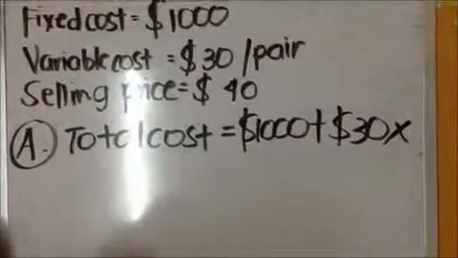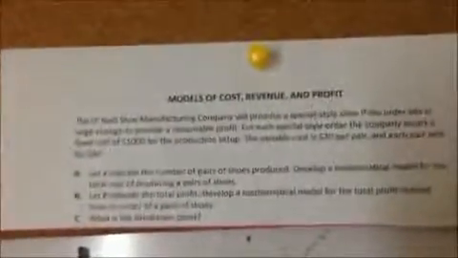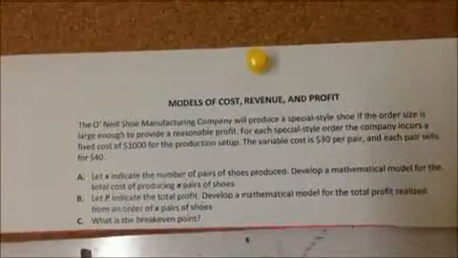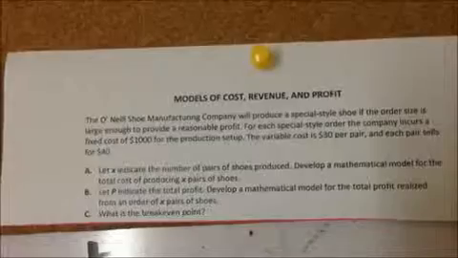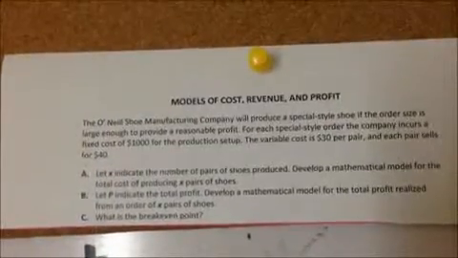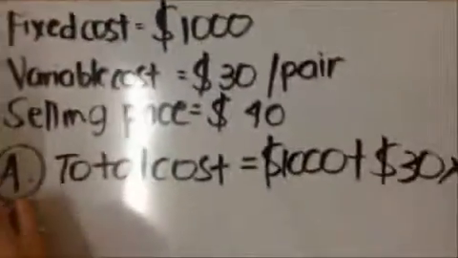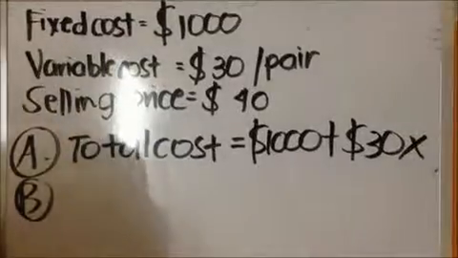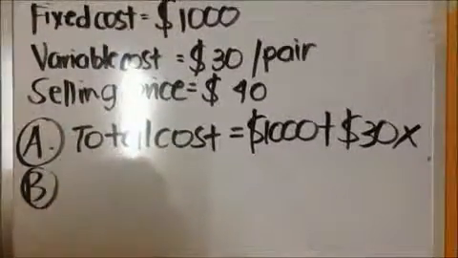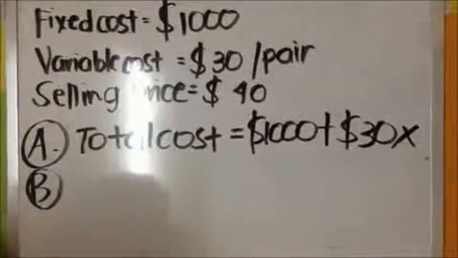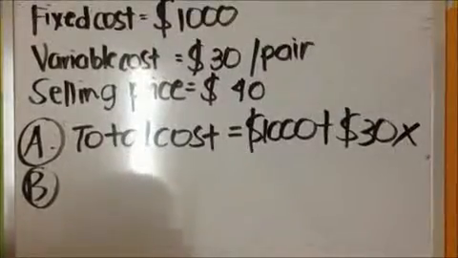For B, let P indicate the total profit. Develop a mathematical model for the total profit realized from an order of X pairs of shoes. We're looking for the profit, and the formula is the selling price times the X pairs of shoes minus the total cost.